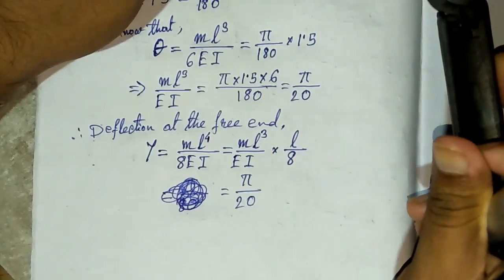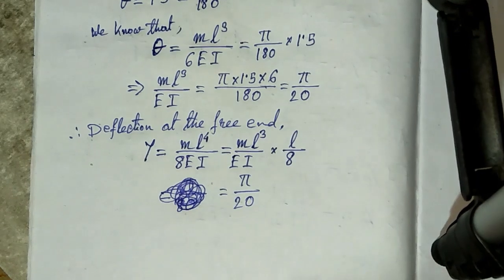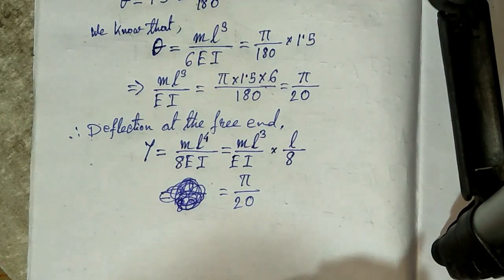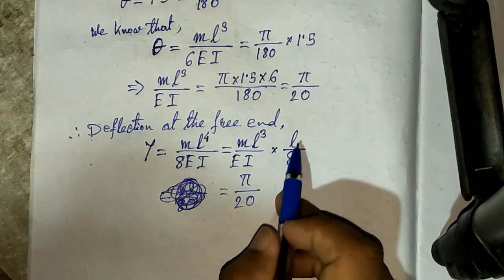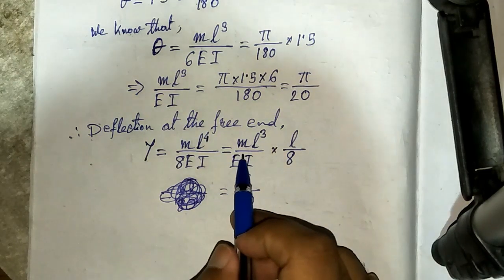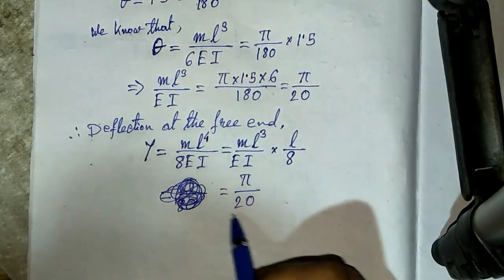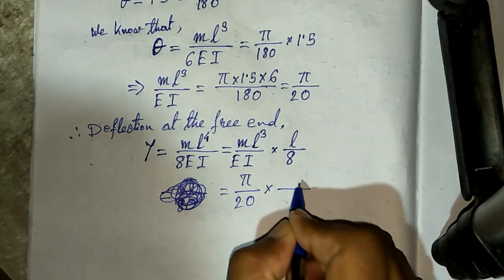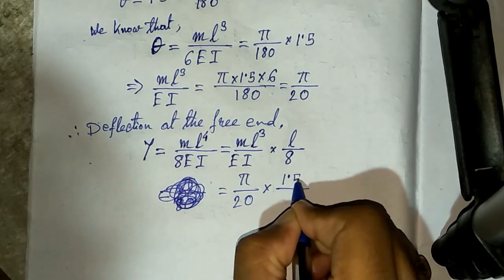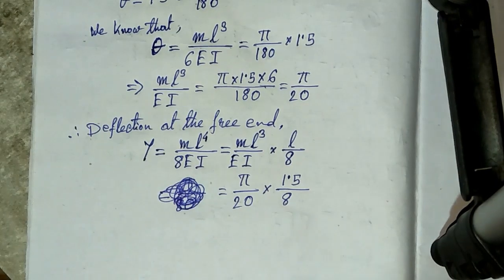So the deflection equals m L cube by EI into L by 8, and the value of m L cube by EI is pi by 20, into the length 1.5 by 8.